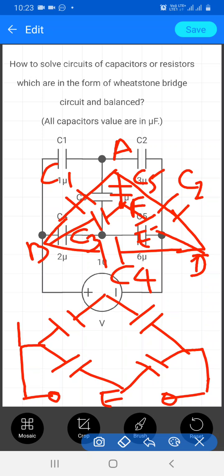So I put here battery is connected between F and D. So I put here F and here is D. Battery is connected between F and D. Now between F and this I take the name A and B. A and here is B. Okay. Between F and A, capacitor is C5.